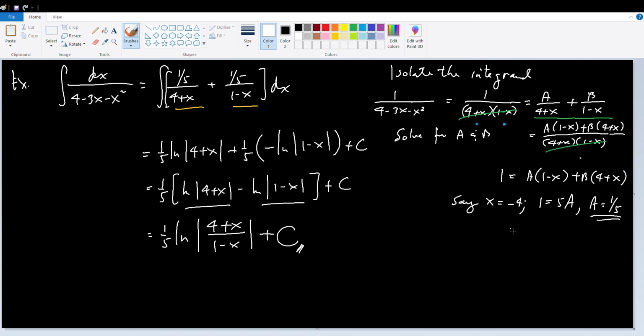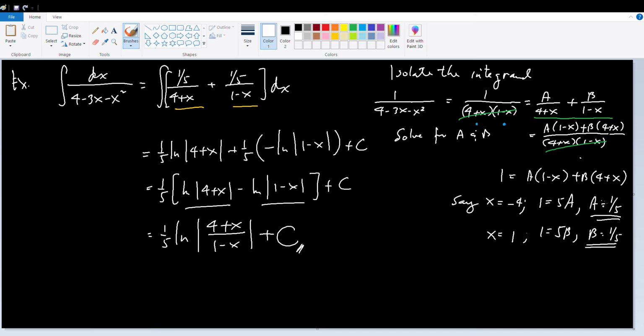How about 1 minus x? To make the factor 1 minus x equal to 0, we can set our x to 1. So 1 is equal to b times, 1 minus 1 is 0, 4 plus 1 is 5. That gives me 5b. So 1 is equal to 5b, or b equal to 1/5.